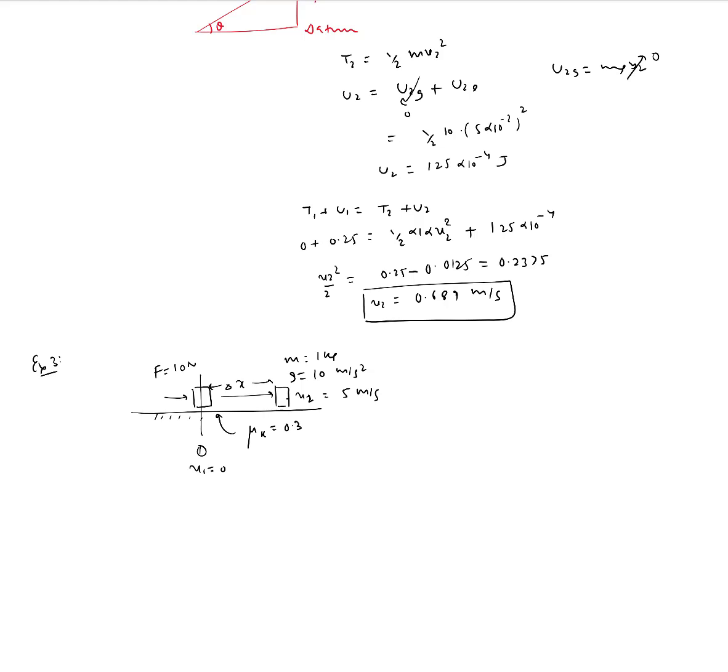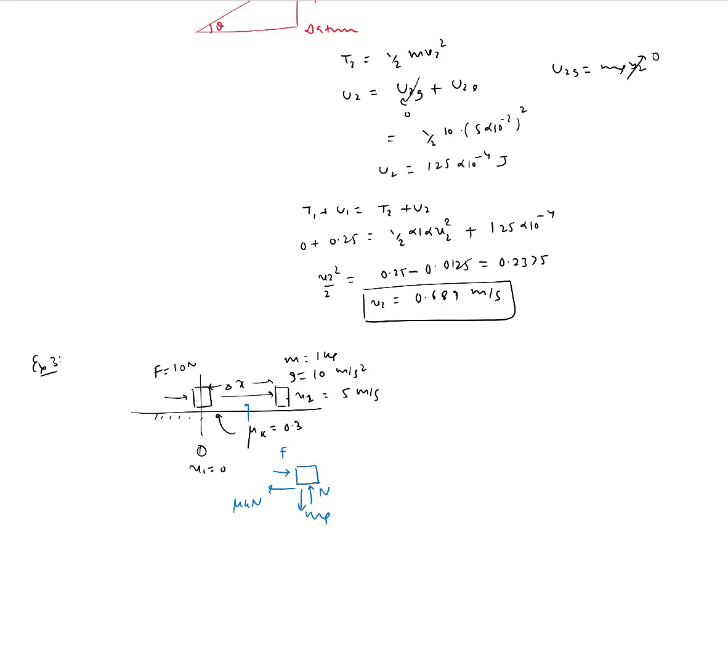Now the next question is, can we apply the conservation of mechanical energy principle in this case? For that, we have to draw a free body diagram at an intermediate configuration. So let's say between 1 and 2, somewhere here, we'll draw the free body diagram. We have the normal reaction, we have the weight, and then we have μkN, which is our friction force opposing the motion, and we have our external force F of 10 Newton applied.